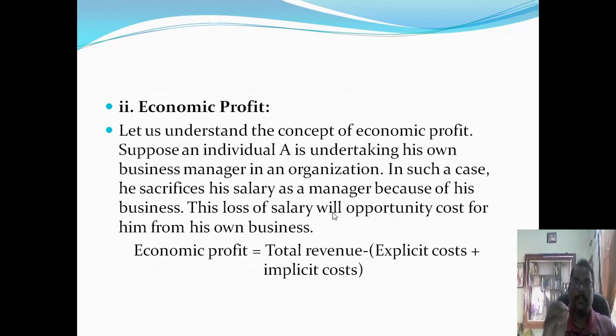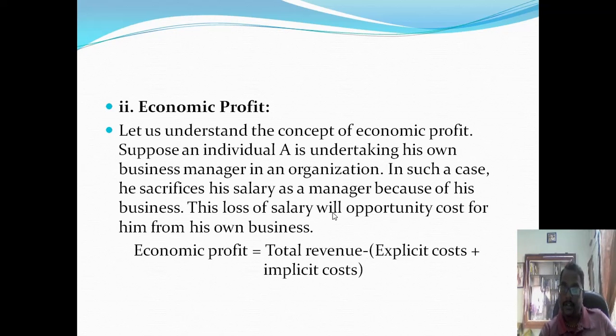Suppose one of you is going to start a business after your graduation. If you are not starting a business, you are going to work somewhere else as a manager and be rewarded with 25,000 rupees. Keep that aside. Now you are starting a business and managing the whole business, but you are not drawing any salary.